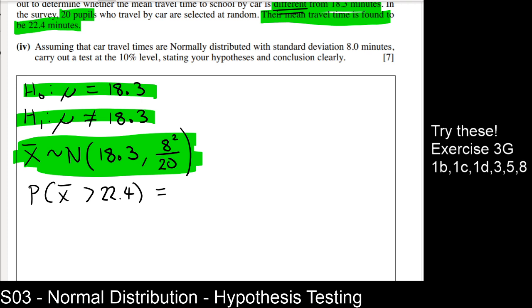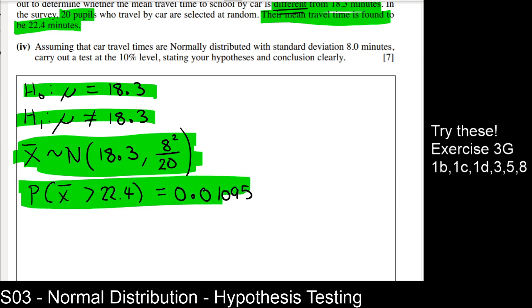If we've got a mean of 18.3 and this is our variance, what is the probability that we could get 22.4 or more? So we put that on our calculator, we use normal CD. And remember, when you do it on your calculator, you need to put in the standard deviation. So we put this on our calculator and we get 0.01095. And then this is our final answer.